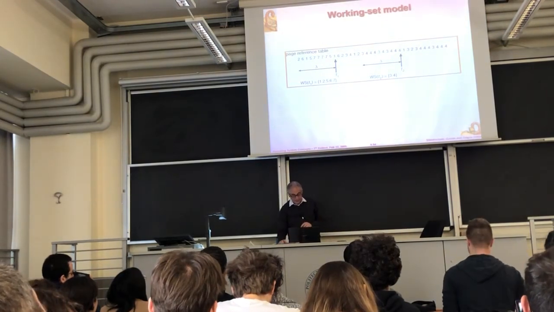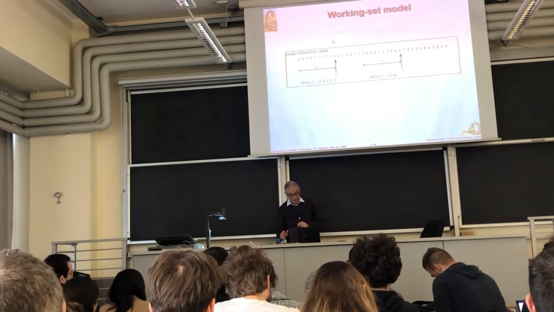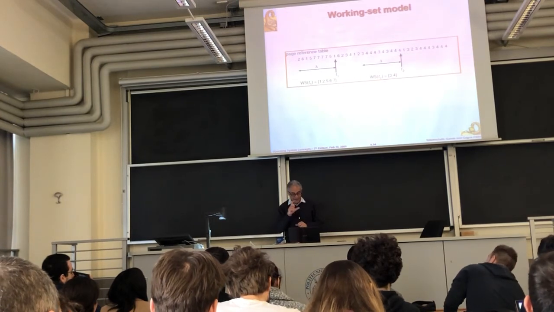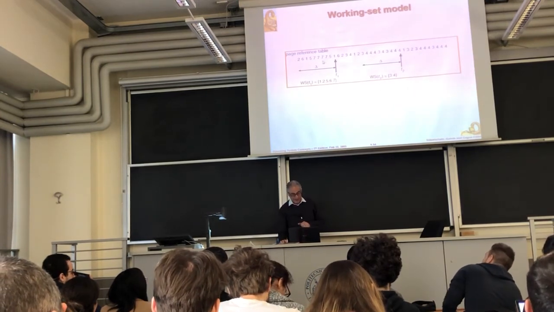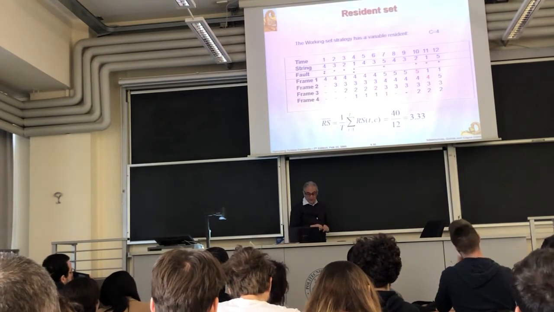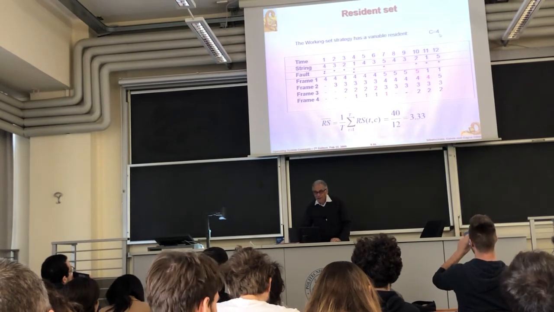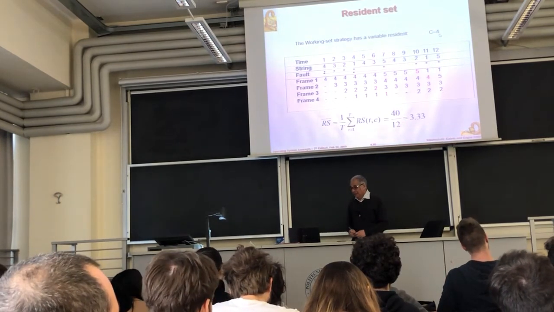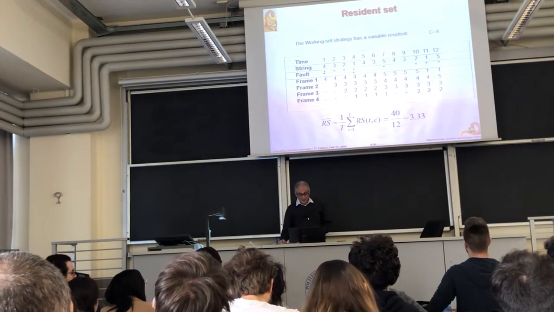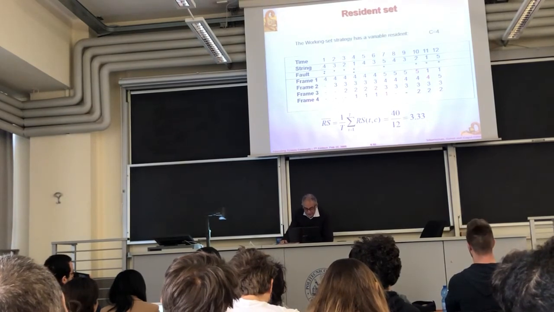So the control parameter for LRU and first in, first out was M, the number of pages. Here it is time. If we fix the control parameter, that is the delta time, to 4 references, using this reference string, we can do exactly what we need.